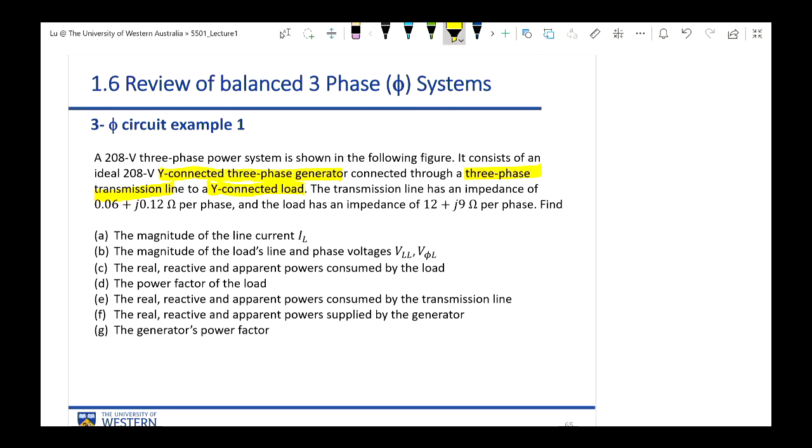The transmission line has an impedance of 0.06 resistance plus J times 0.12 reactance per phase. This is about the transmission line. For the load, the impedance is 12 resistance plus J9. The 9 is the reactance per phase for the load. Okay, so these are all the conditions we have. The question is asking, A, what is the magnitude of the line current?